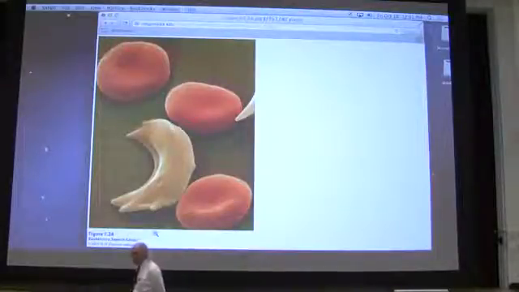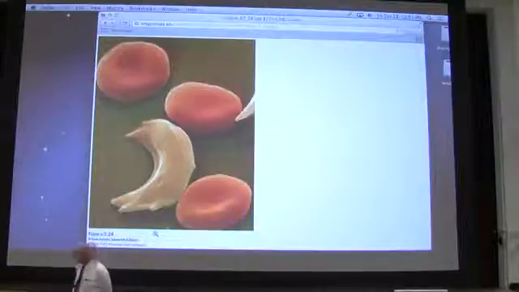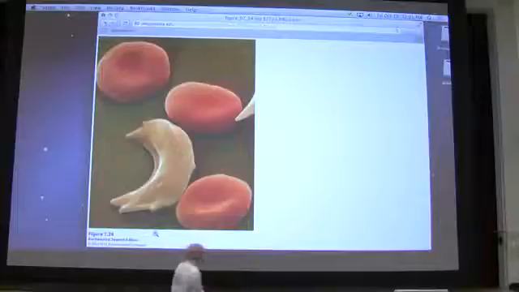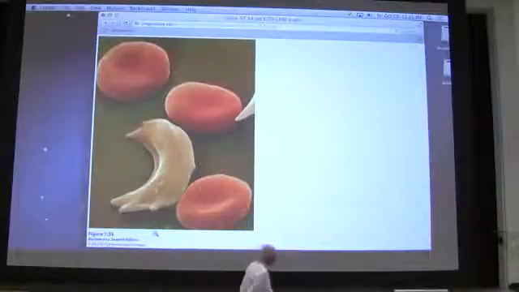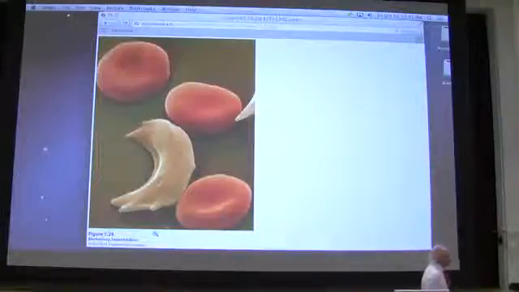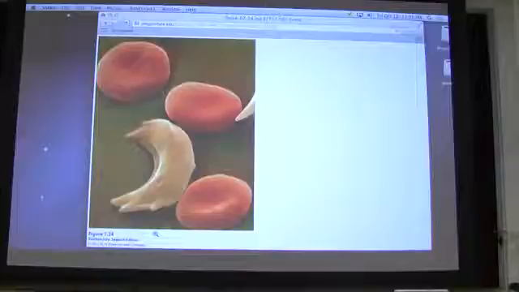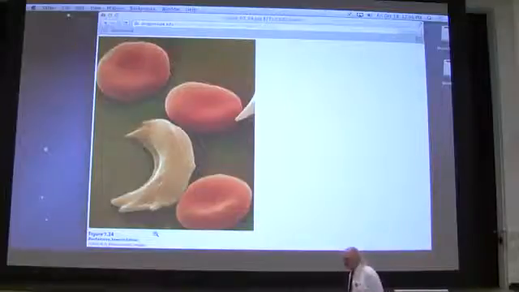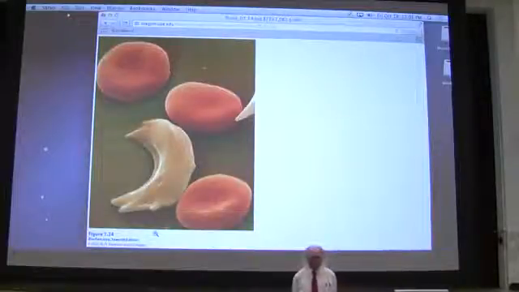A variety of different mutations in hemoglobin can give rise to sickle cell anemia. The blood cell shown here in a yellowish color is a blood cell that would be found in an individual that has sickle cell anemia. And this sickle shape arises as a result of low oxygen concentration.